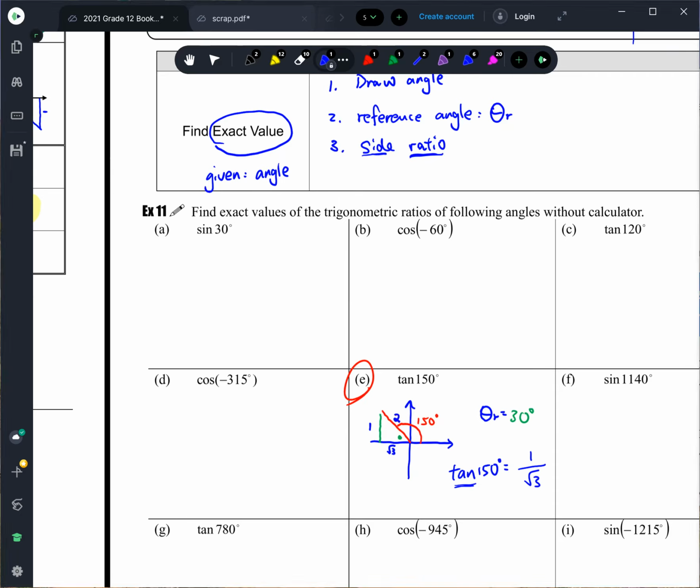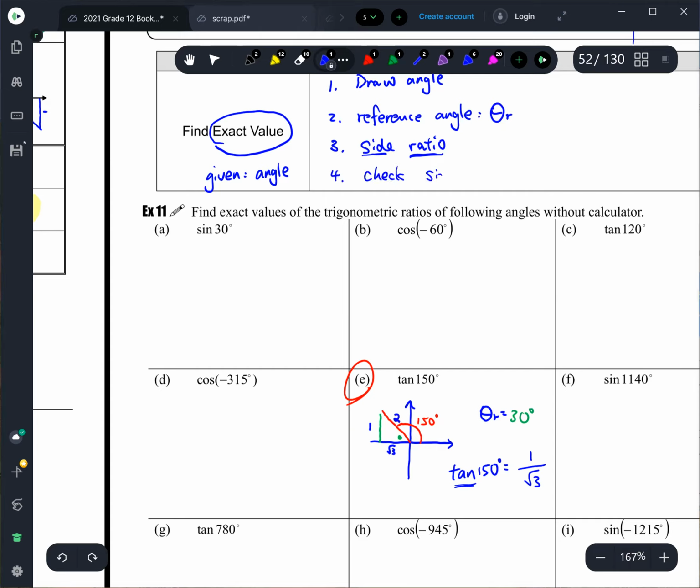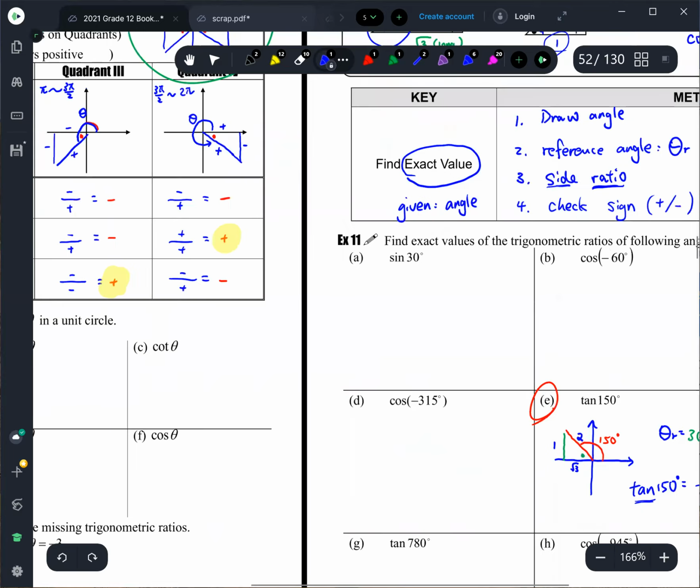Okay, last step. You need to check the sign. Sign means is it positive or is it negative? To do that, you use the chart on the previous page, with sine, tangent and cosine.